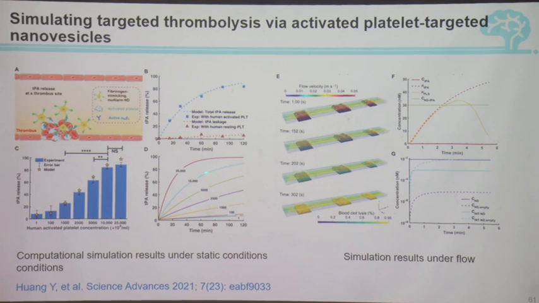So you get these profiles, and then we can fit these figures to get the actual release rate, which can be included in our model. Then we use the model to predict the experiment.